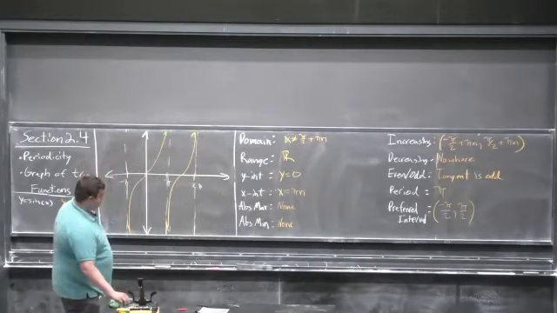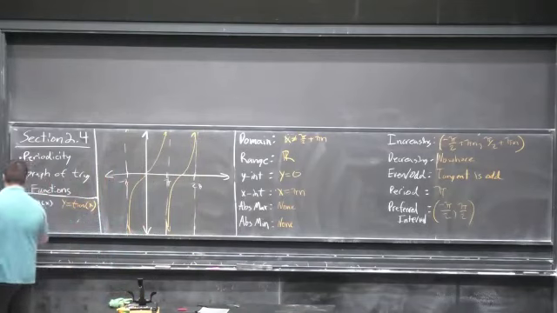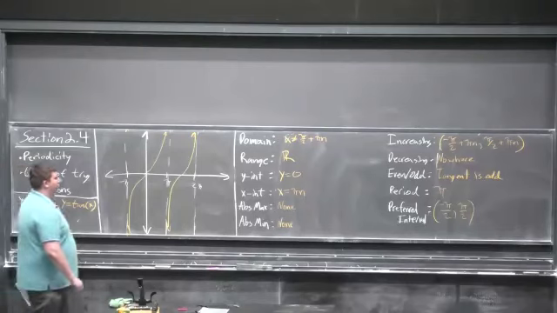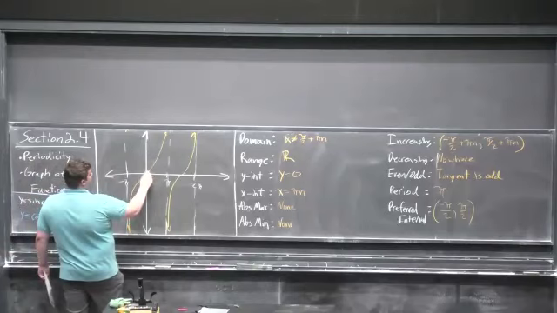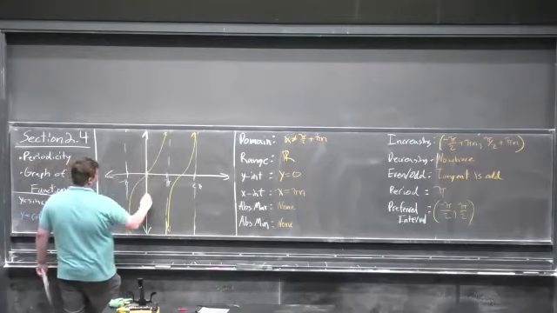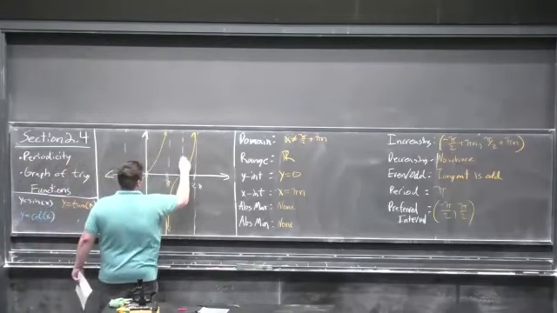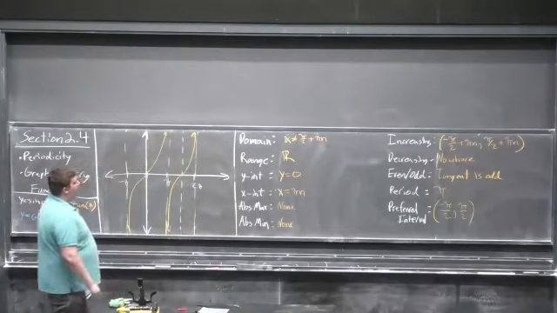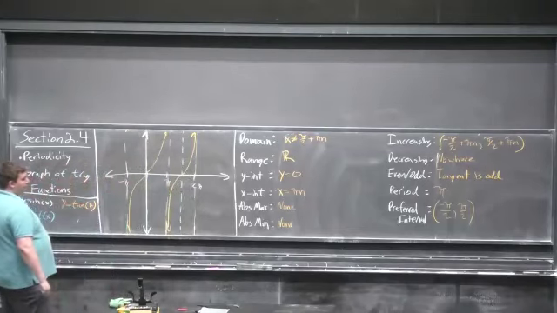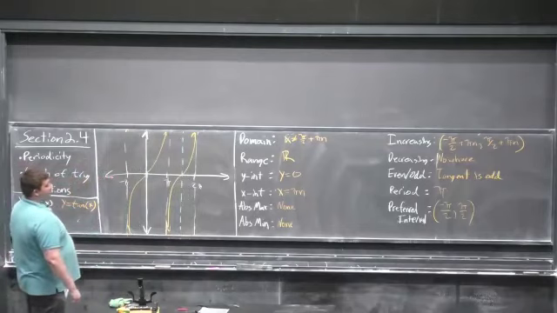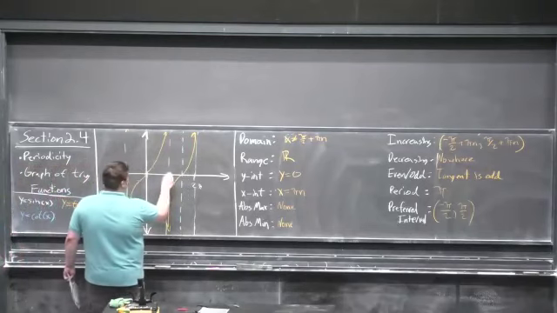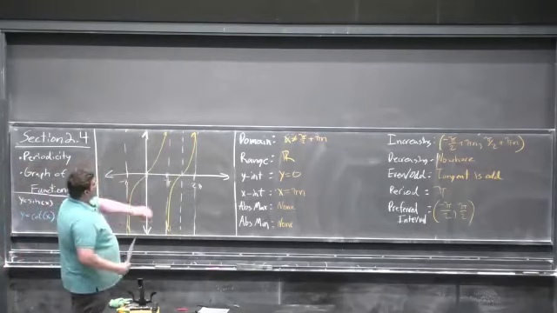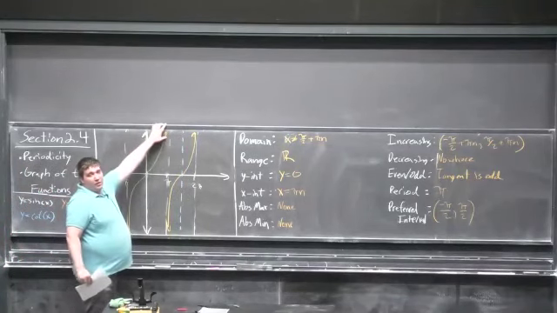My cotangent I'm going to draw in blue. It's going to be 1 over tangent, so I'm going to be asymptotic whenever tangent is 0. And whenever tangent is infinite, I'm going to be 0. Here is a really high number that's positive.